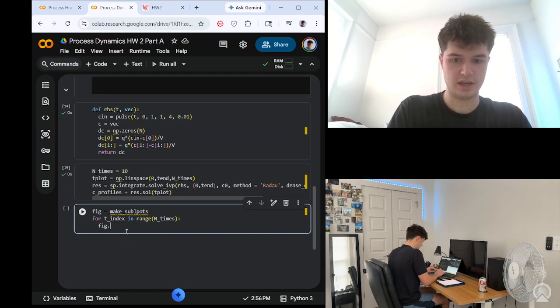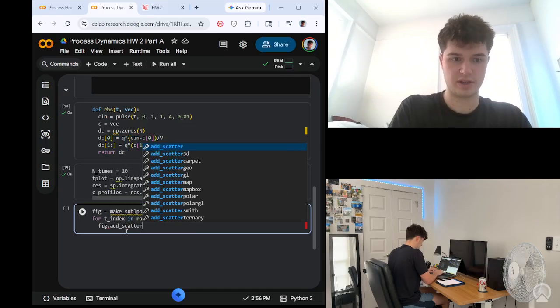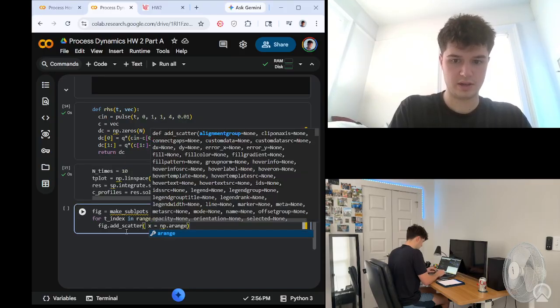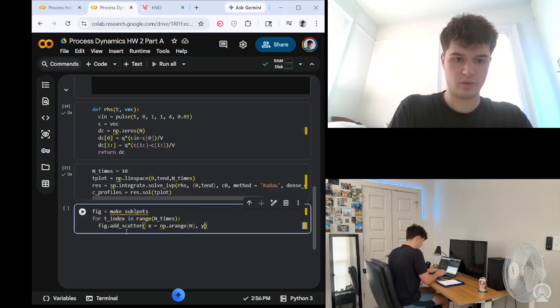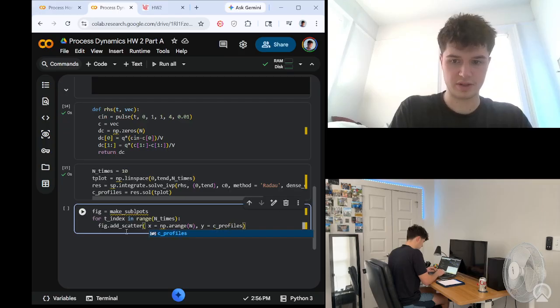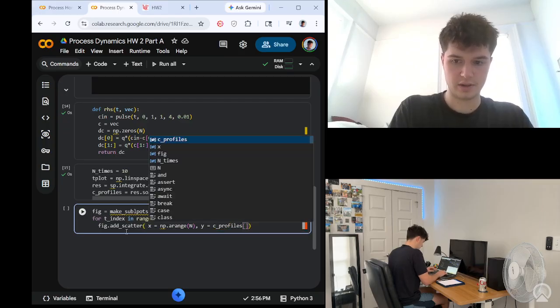And then we will do fig.add_scatter, and this x will equal np.arange n, and the y will equal the actual concentration profile. So this will show us the pulses that we talked about earlier.